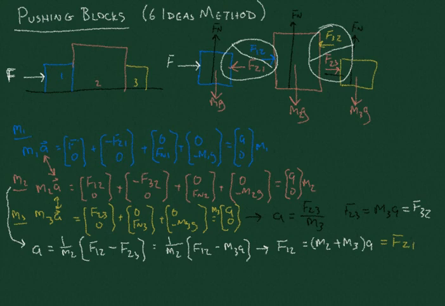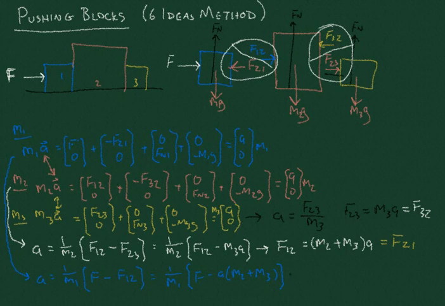So now I can go back again and look at the first equation and say that a is equal to 1 over m1. And then here again I have f minus f12, which is 1 over m1 times f minus a times m2 plus m3. Let's see.